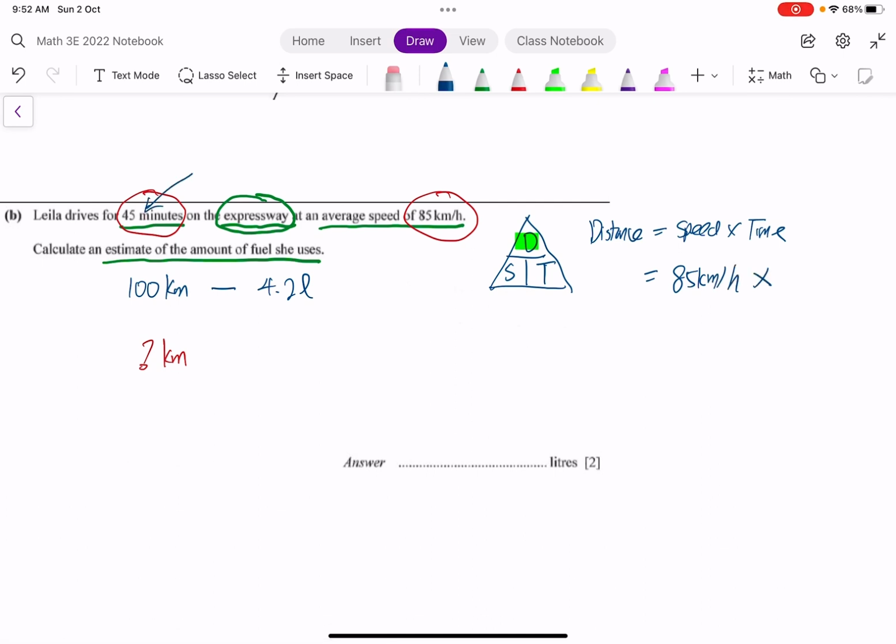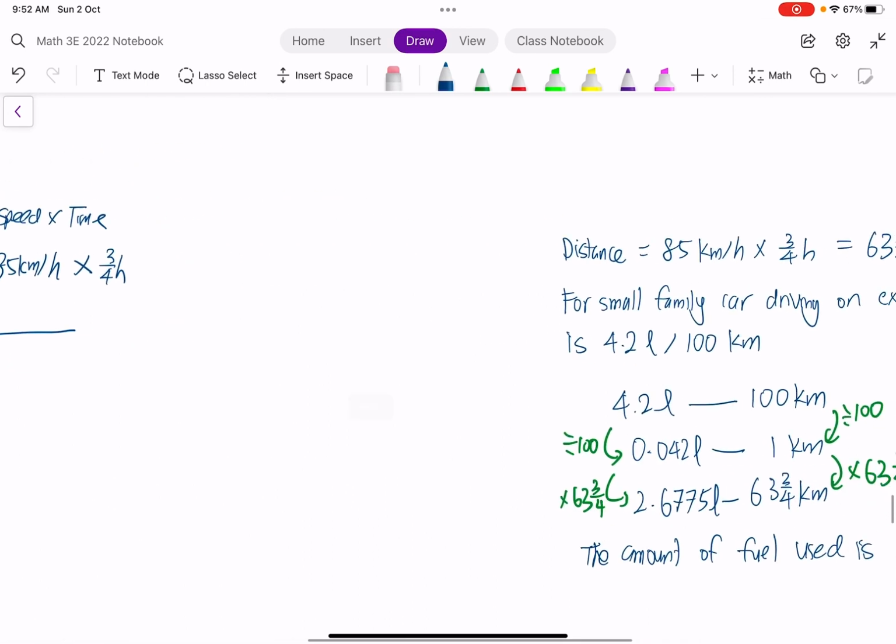You have to make sure that it's the same units. So you need to change 45 minutes to 45 over 60 hours, which is actually just 3/4 hours. So you first multiply by 3/4 hour in order to find the distance. After we can find the distance, then we are able to find the amount of fuel that she uses. Now I show you the solution.